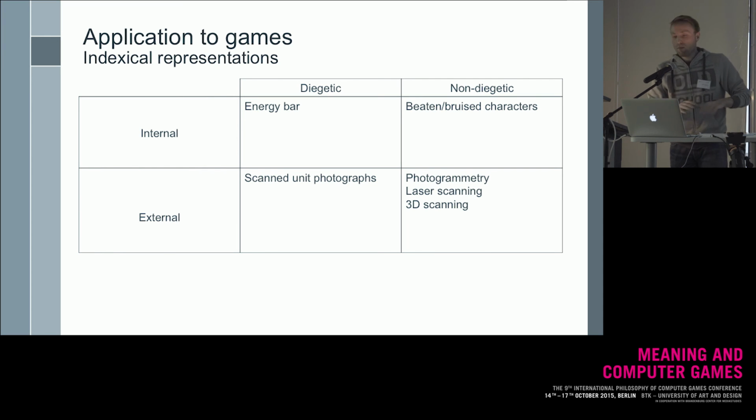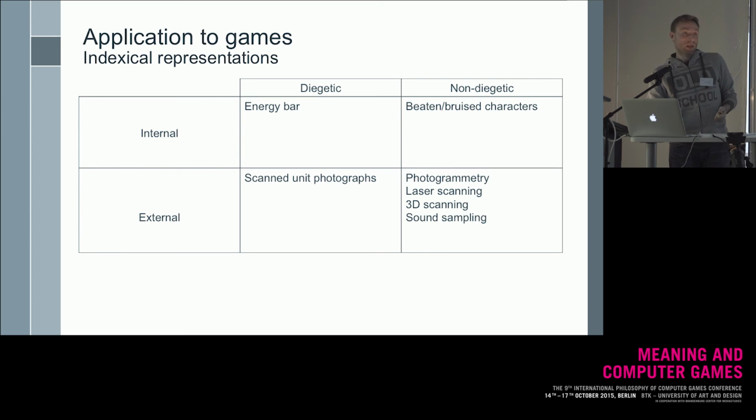And of course, this is the most interesting category: non-diegetic external representations, things like photogrammetry or laser scanning or 3D scanning, pretty new technologies that are used. Vanishing of Ethan Carter, which was mentioned today, uses this. So basically, people use some kind of techniques to measure real tracks and then transport them into games, or real places, or 3D scan objects.